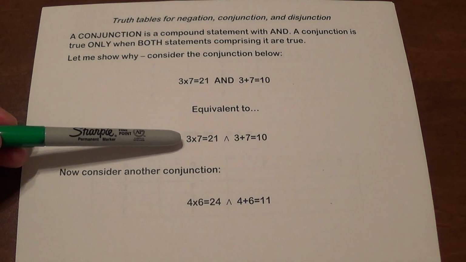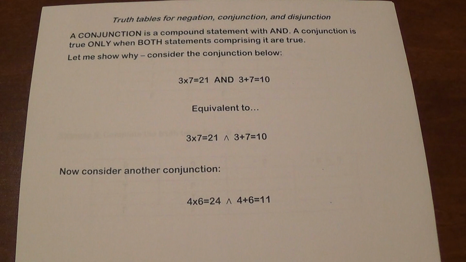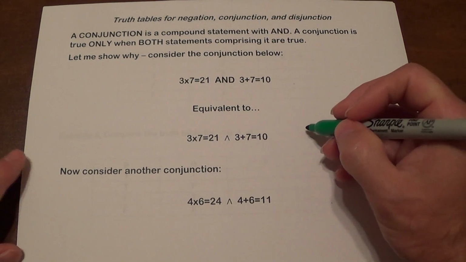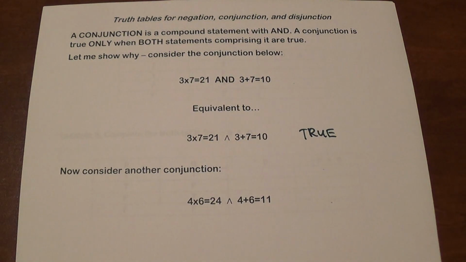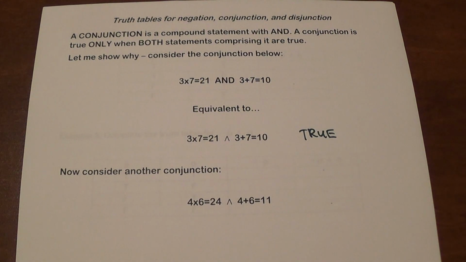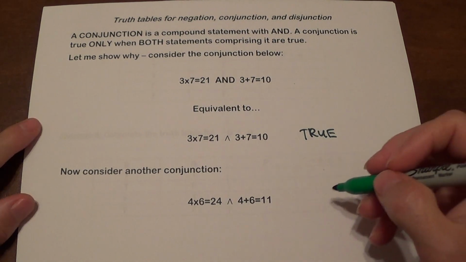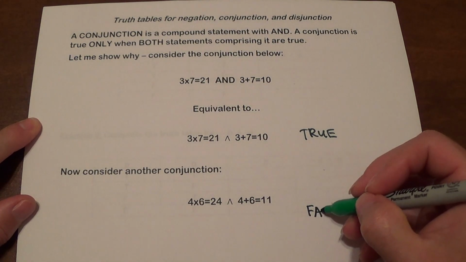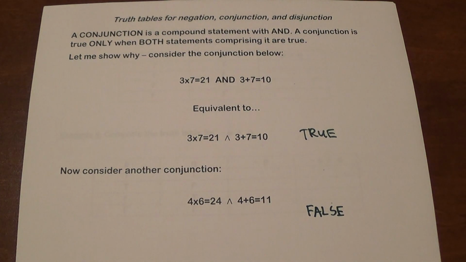So if it's 3 times 7 is 21 and 3 plus 7 is 10, this whole thing is true, because both statements are true. But if I give you another statement, 4 times 6 is 24, which is true, and 4 plus 6 is 11, that one's going to be false, because one of those statements that make it up is not true.